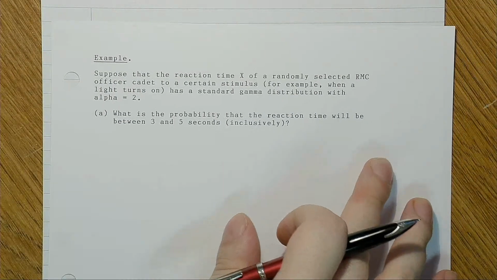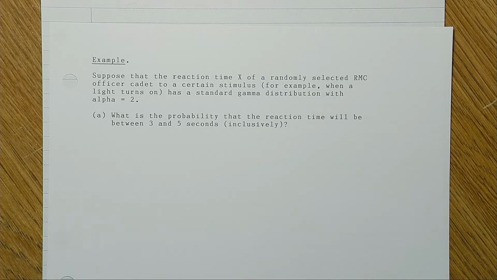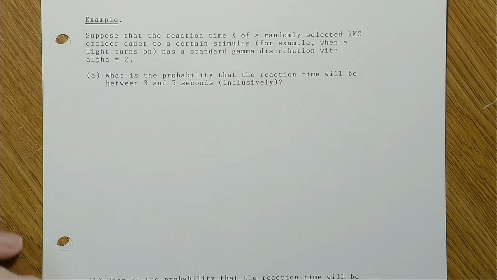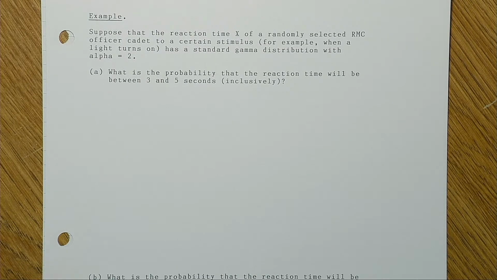So this is our first example. Suppose that the reaction time of a randomly selected RMC officer cadet to a certain stimulus follows a standard gamma distribution with alpha equals 2. So then in part A, what we're asked is, what is the probability that the reaction time will be between 3 and 5 seconds inclusively?